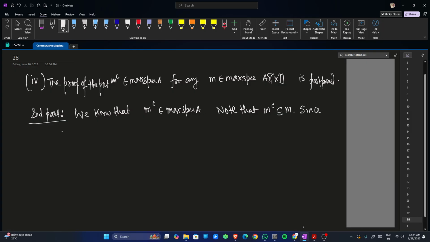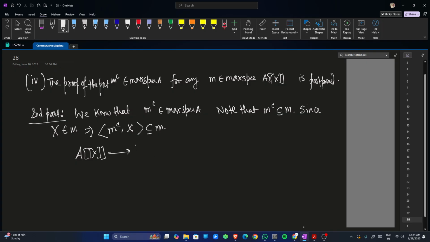Since x also is in m, the ideal generated by m contraction and x is in m. If we can show that this ideal is a maximal ideal, then we are done. We need to show that this ideal is a maximal ideal, so we proceed as follows.